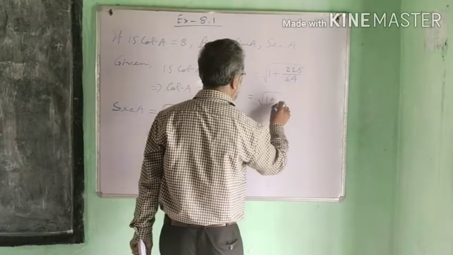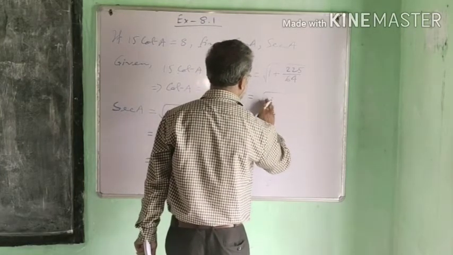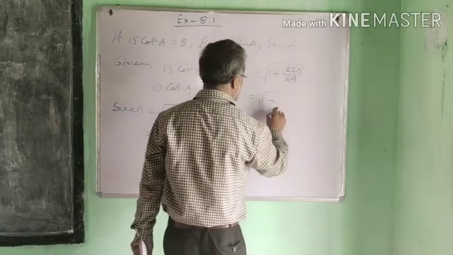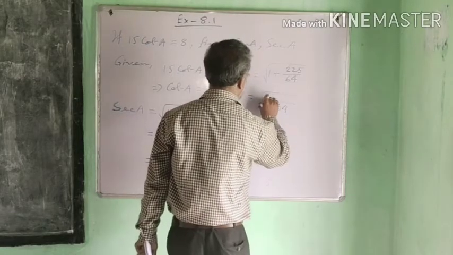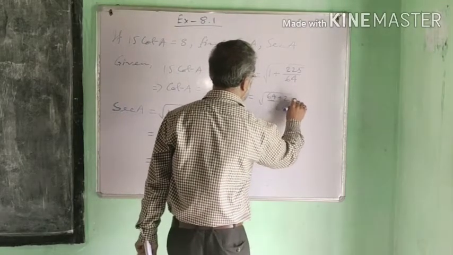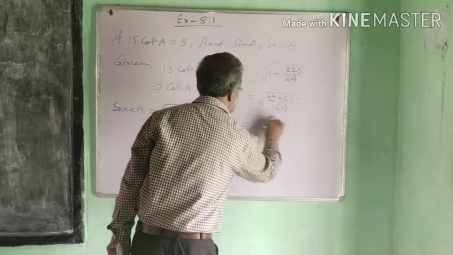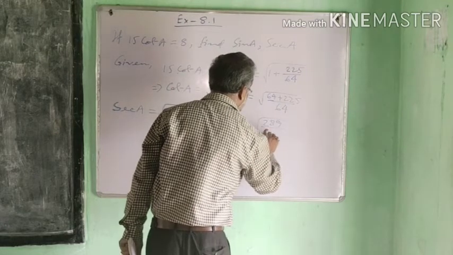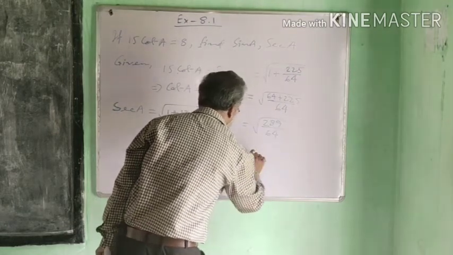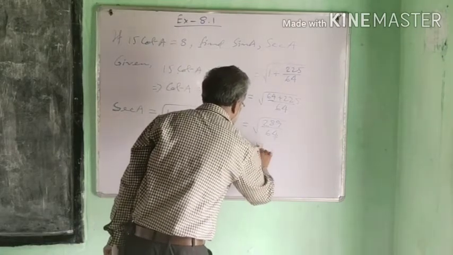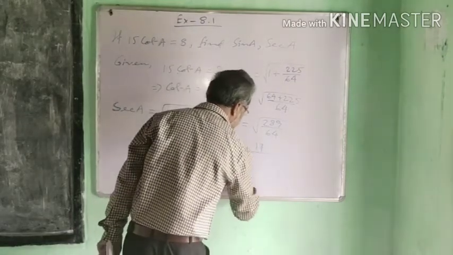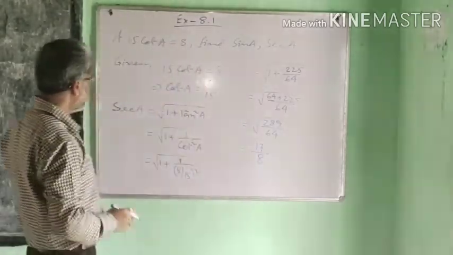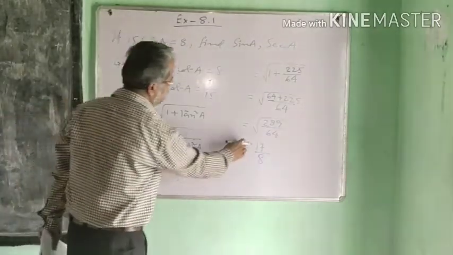Simplify: the LCM of the denominators is 64 and the numerator will be 64 plus 225. So what we get is 289 by 64. Square root of 289 is 17 and square root of 64 is 8. So sec A we have found out is 17 by 8.